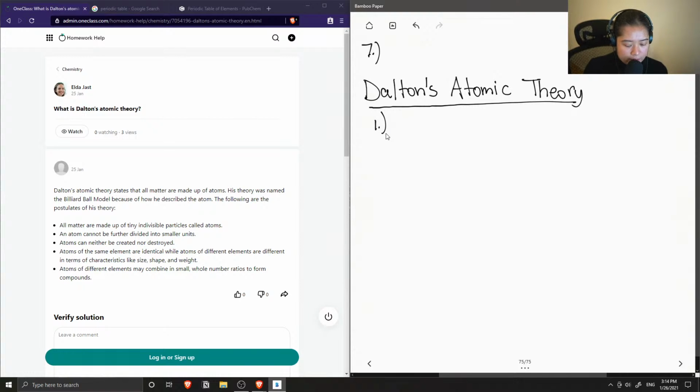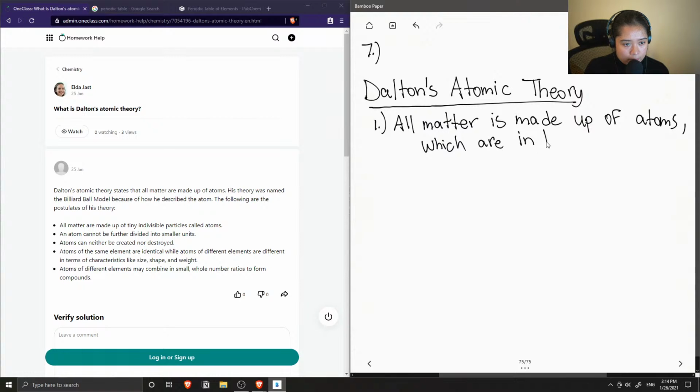Okay, so parts of his theory is 1, all matter is made up of atoms, which are indivisible. So they're already in their smallest form.